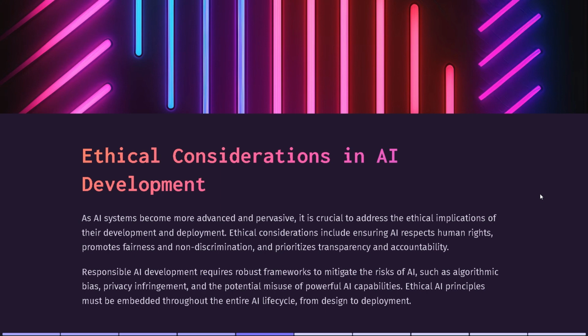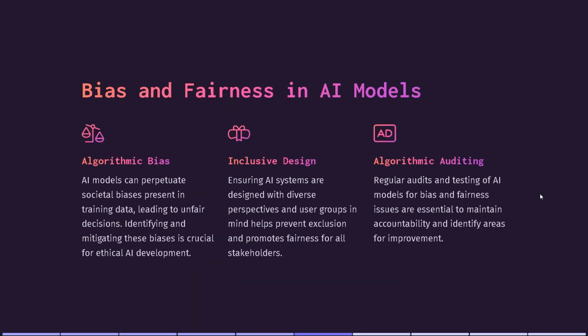When I say bias and fairness in AI models, there are three main things: algorithmic bias, inclusive design, and algorithmic auditing. AI models can perpetuate societal biases present in the training data, leading to unfair decisions. Identifying and mitigating these biases is crucial for ethical AI development.